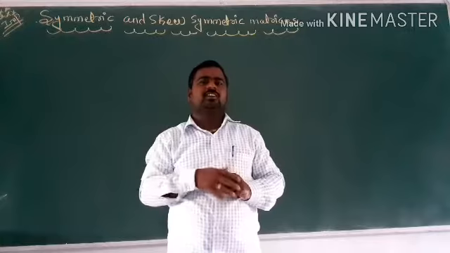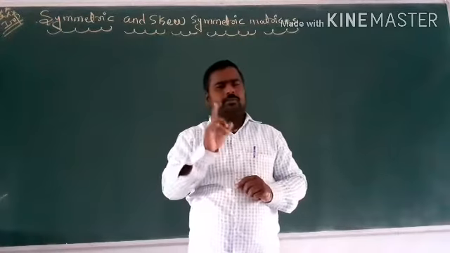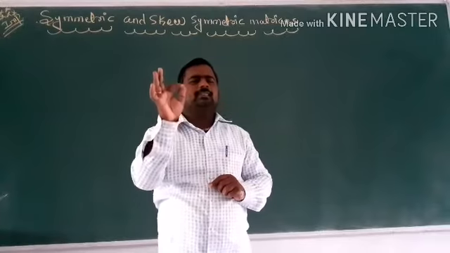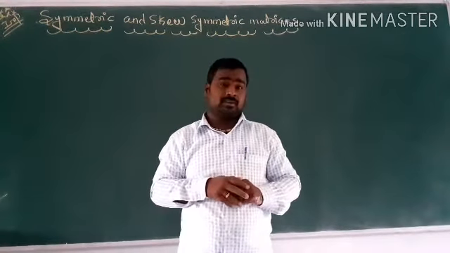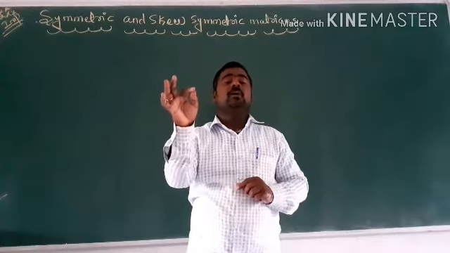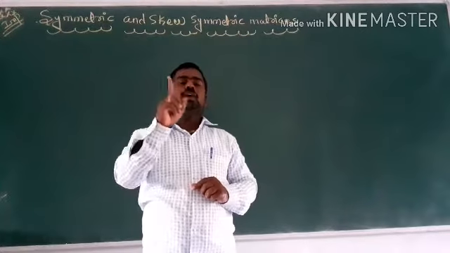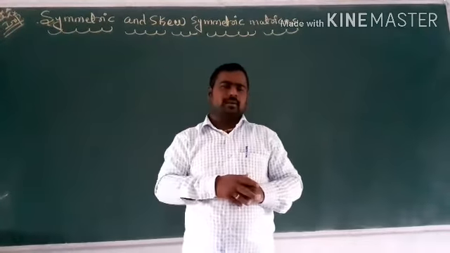How to define symmetry? Keep in mind that we are definitely observing a square matrix. What do you mean by a square matrix? A matrix having m rows equal to n columns is known as a square matrix.